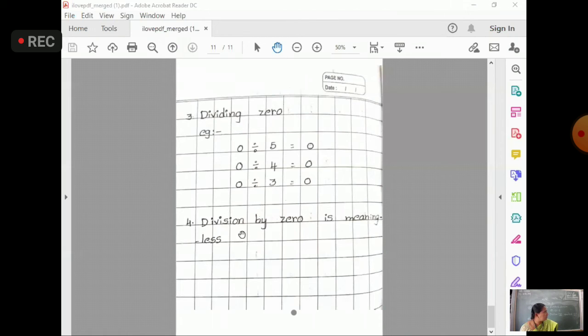Dividing 0, division by 0. When we divide by 0, that is meaningless. Take screenshot, later you copy that, Nana.